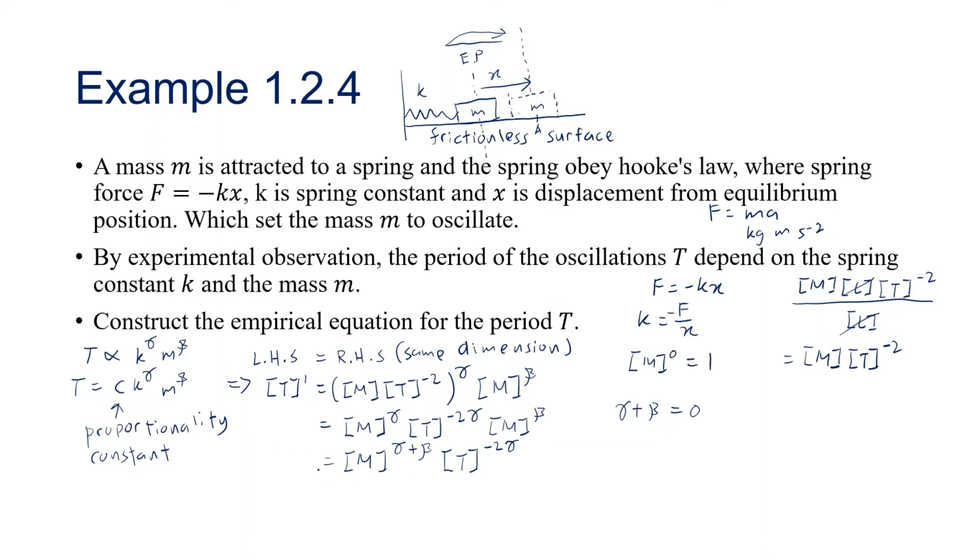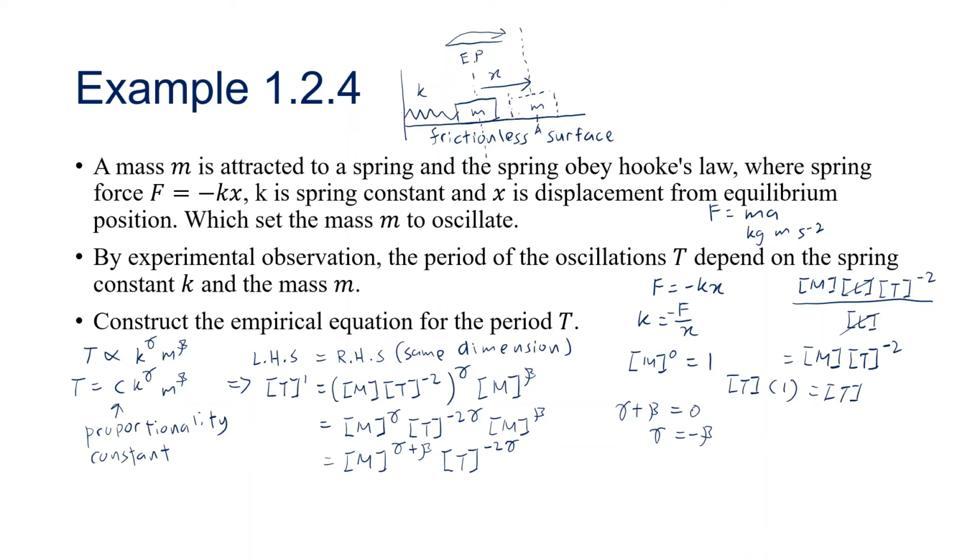So the dimension no longer exists, it just equals 1. Now T multiplied by 1 just gives back T, which is what we want in this case. So we get alpha equals minus beta.